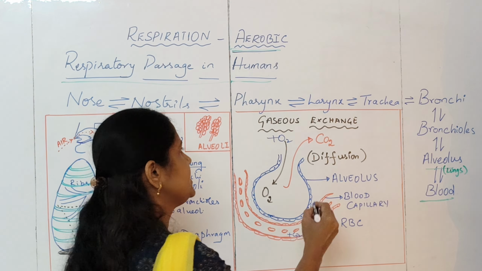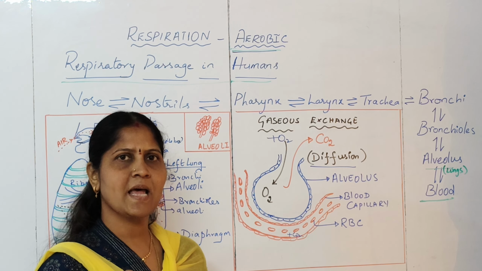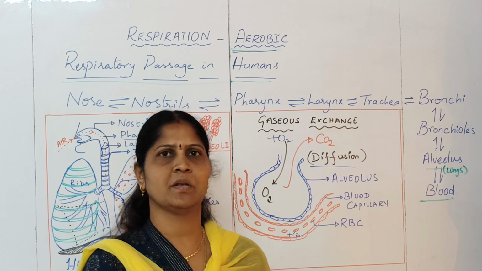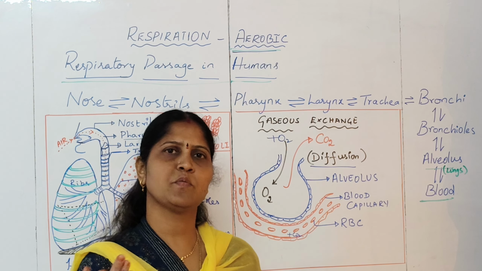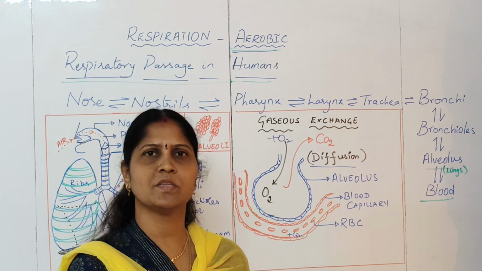Because of the simple process of diffusion, what will happen? Our blood has more carbon dioxide, and the inhaled air has more oxygen. In diffusion, gaseous molecules move from high concentration to low concentration.